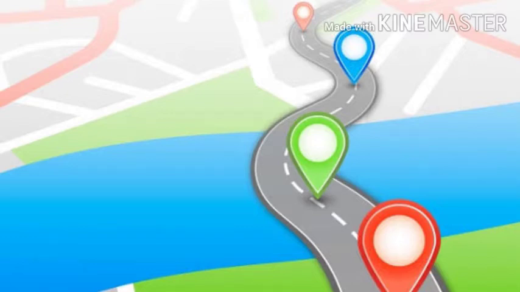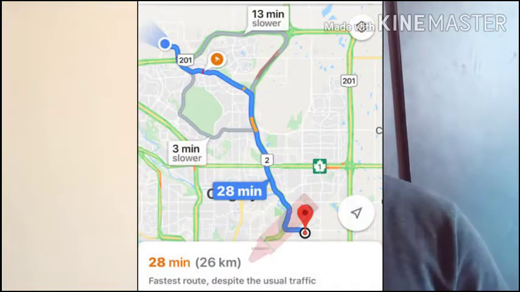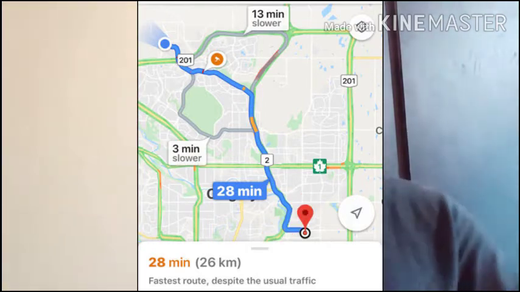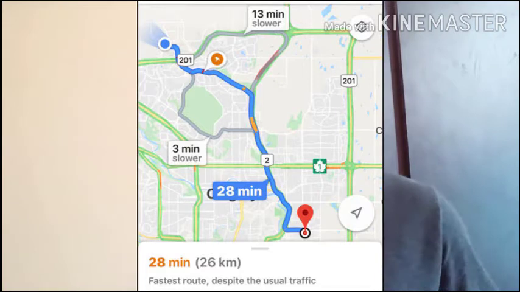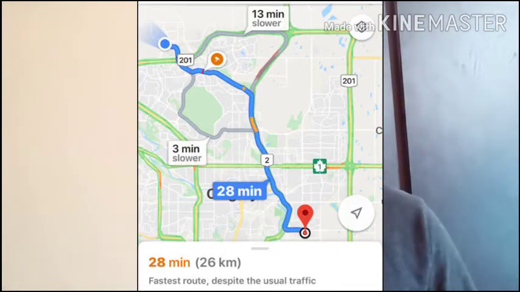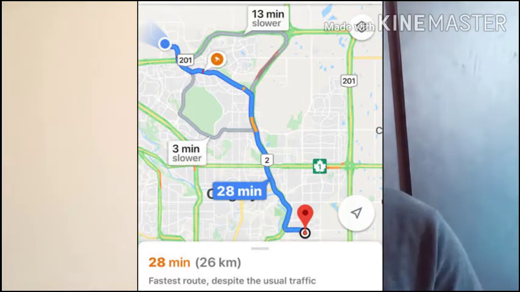It even shows the distance from the particular point where you are to the destination you have entered. It may say that you will reach your destination in this much time, and it also shows the distance, about nearly 11.2 kilometers.